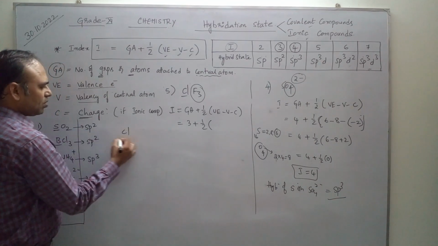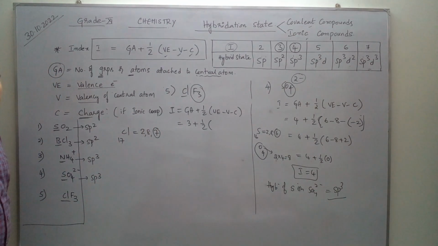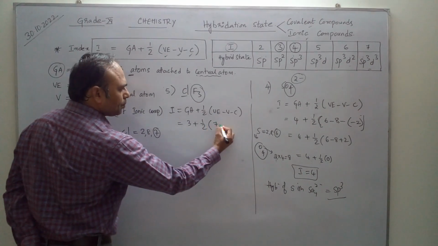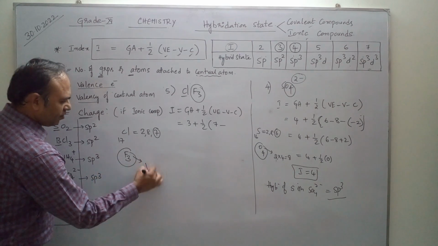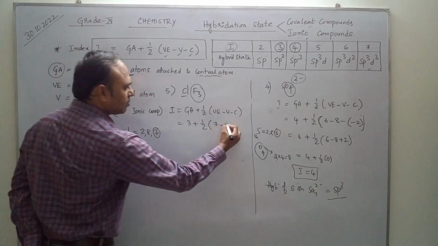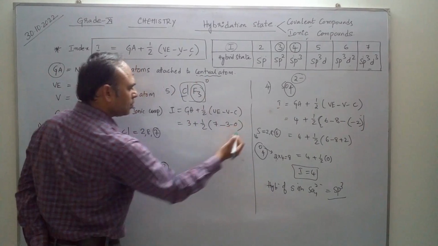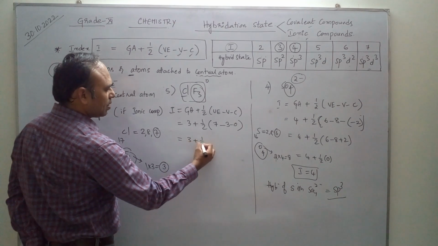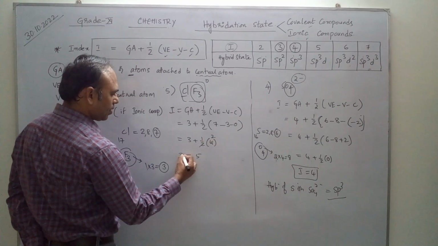Next, valence electrons of chlorine, atomic number is 17, configuration 2, 8, 7, therefore Ve is 7. Now the valency, F3 we have, valency of fluorine is 1, number of atoms 3, therefore V will become 3, and the charge on ClF3 is 0, that is 3 plus half into 4, nothing but 5.